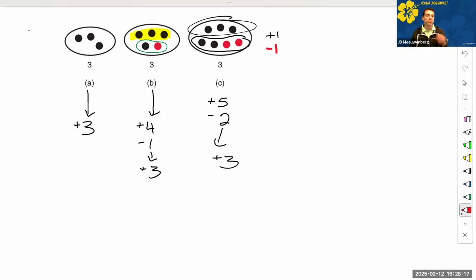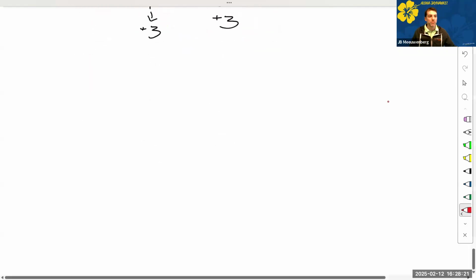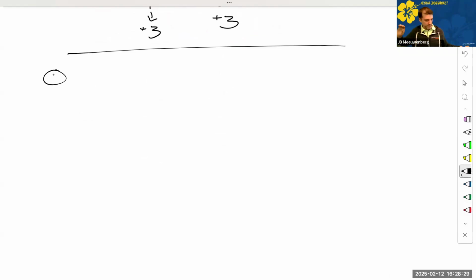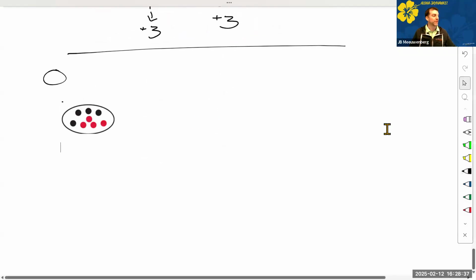So you try with your chips, see if you can come up with 4 different ways that you could represent the number 0. Just try it. Take a moment. Again, there are an infinite number of ways we could do it. We could do it with 4 black and 4 red.